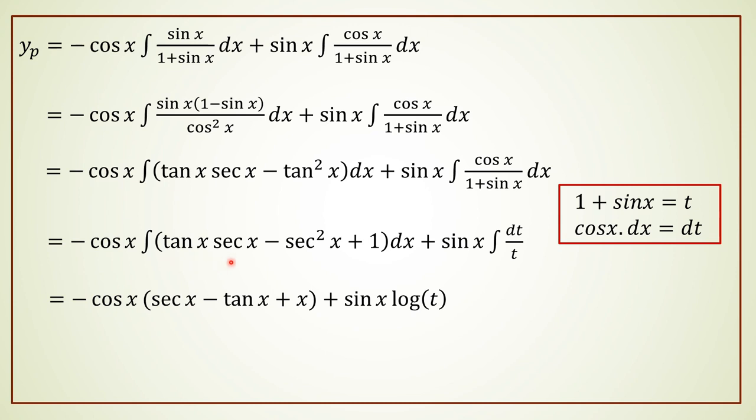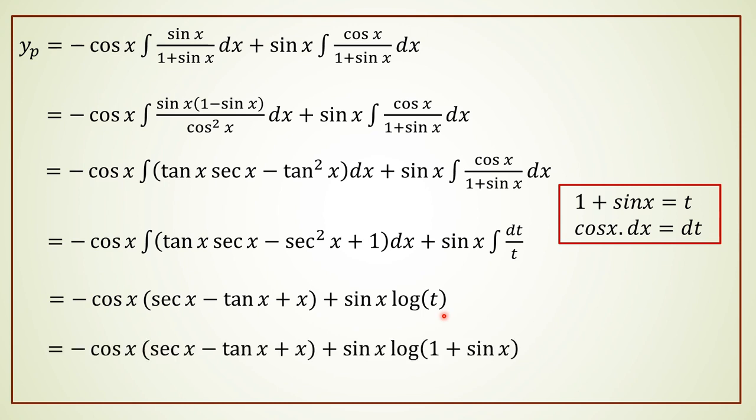Now, what is the integration of secant x into tan x? Integration of secant x into tan x is secant x, and integration of minus secant square x is minus tan x, plus integration of 1 is x, plus sin x into integration of 1 by t is log t, where your t over here is 1 plus sin x.